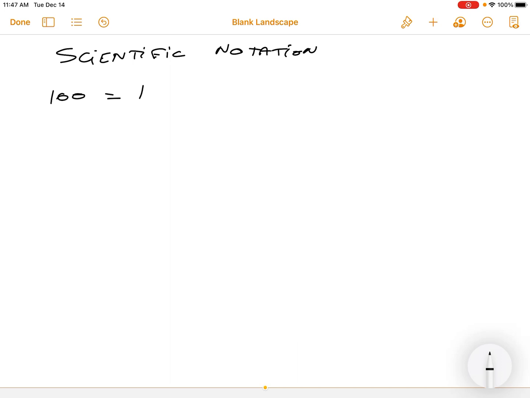In scientific notation, it is written 10 to the power of 2, because when you look at 100, the decimal should be placed there. Usually those numbers do not show the decimal, but you know that when you talk about just 100, the decimal is placed here. Now, 10 to the power of 2 means that there are 2 zeros after the 1.